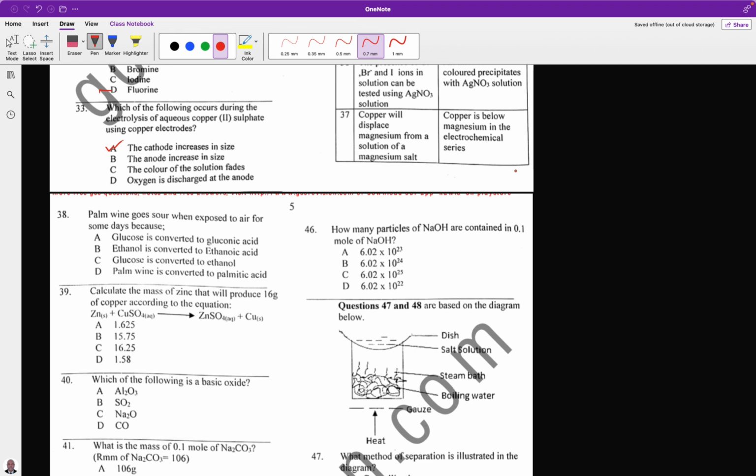If exposed to air, there's going to be fermentation. And in this fermentation, glucose is converted to ethanol and carbon dioxide.